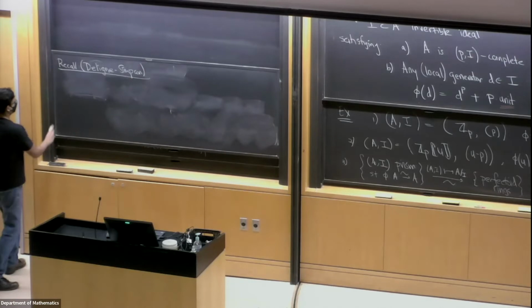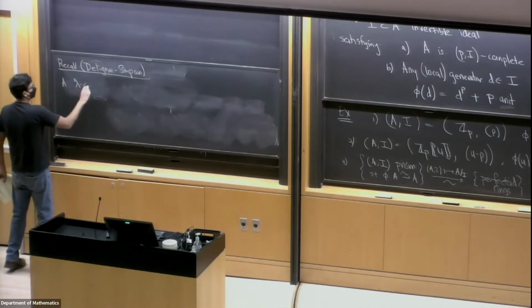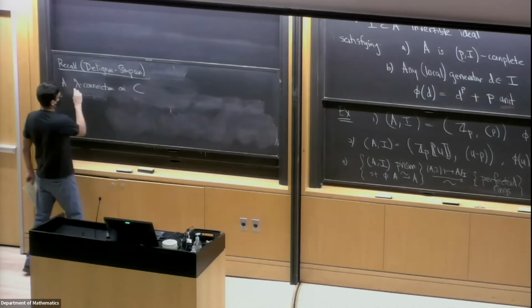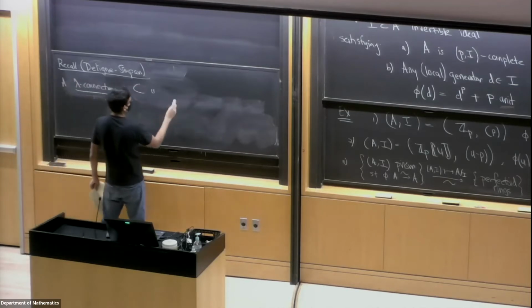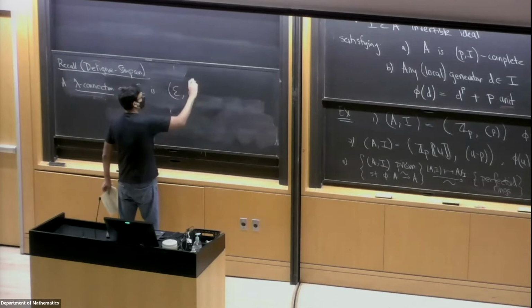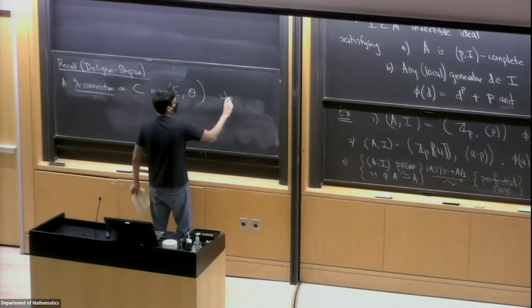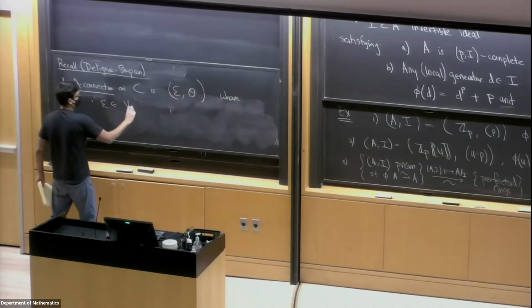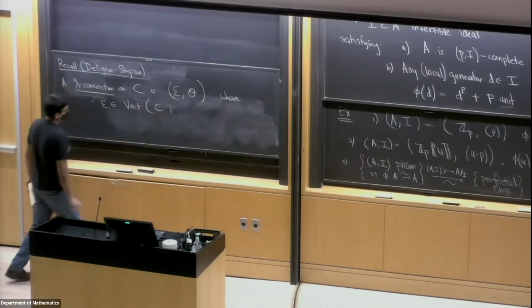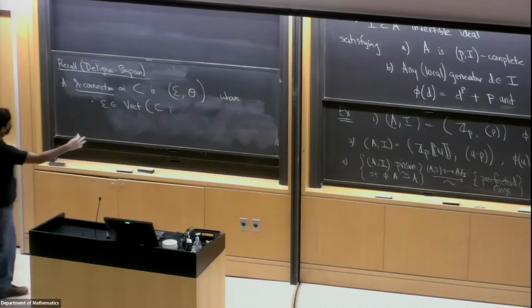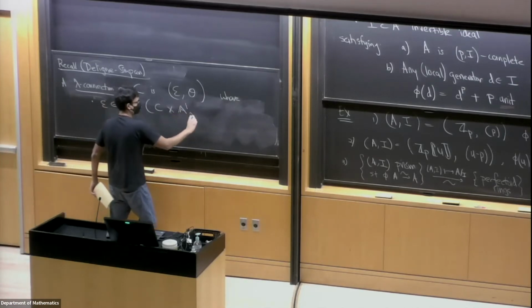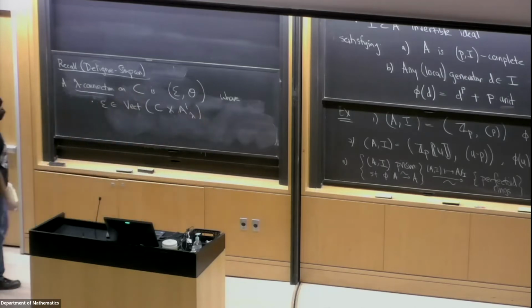So here's what the definition is. A lambda connection on this Riemann surface C is a pair (E, theta), where E is a vector bundle on the surface, but actually it has a one parameter deformation. So it's really living over C cross A^1, where this A^1 we think of as having coordinate lambda, hence the name lambda connection.